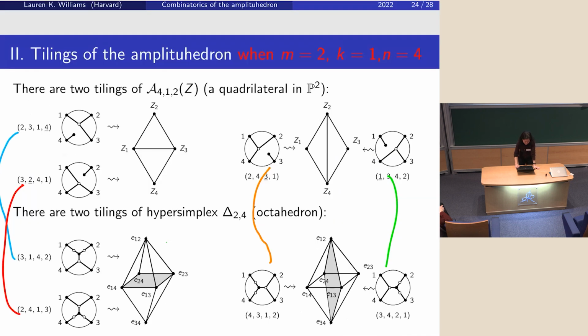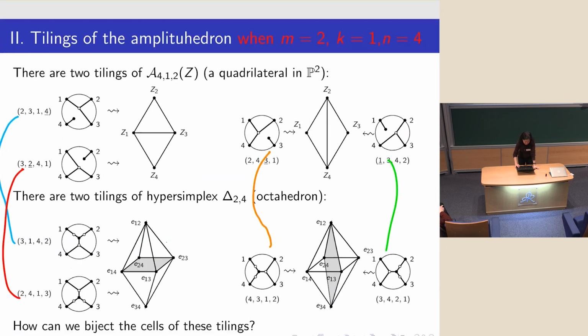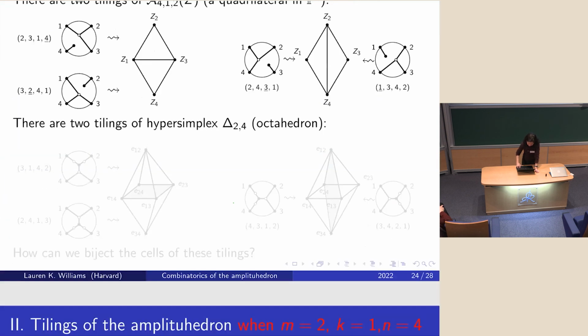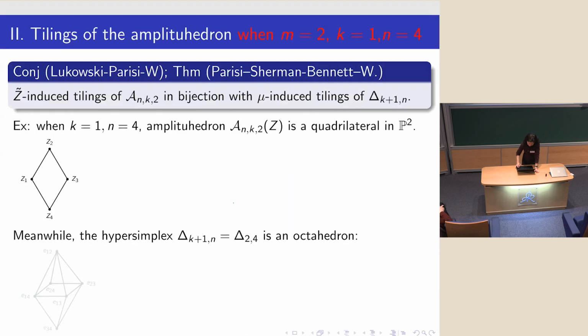What is particularly confusing is that this map, if we're going from this side of the picture to this side of the picture, this has dimension n-1, this has dimension 2k, and depending on what your k and n are, 2k might be bigger or smaller than n-1. And so it's sort of confusing to try to extend the map. Okay, thanks.